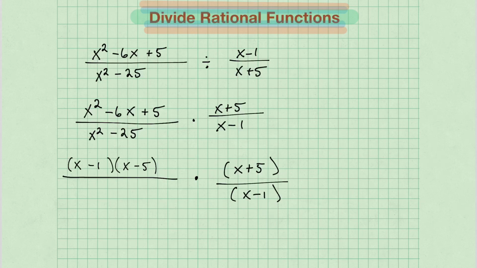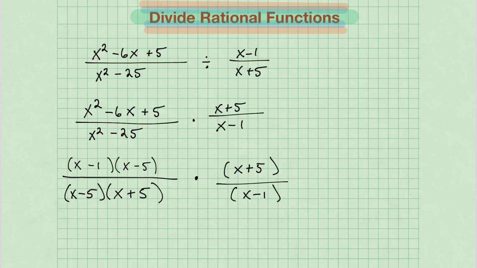Okay, and I just brought down this other rational function, because you can't really reduce this any further, so this is already reduced as far as it can be. So we're not factoring anything here, so I just brought it down. The only thing we're left with is to factor this x squared minus 25. If you think about it, that's a difference of squares. So we have x minus 5, x plus 5 as our factors.